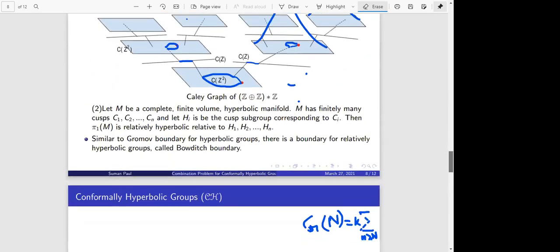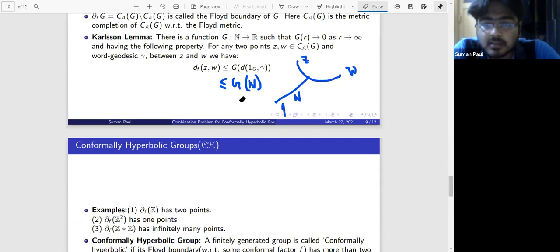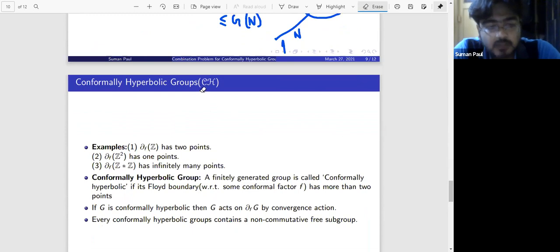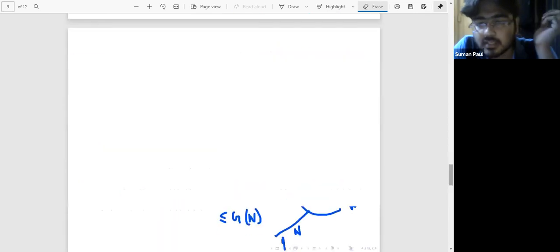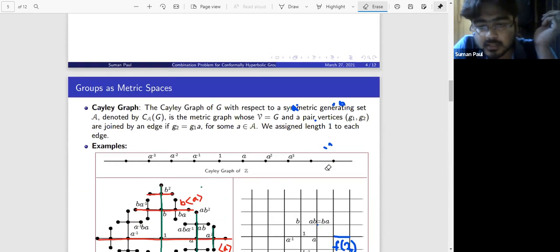So where was I? Yeah. So this is Karlsson lemma. And now some examples. If I take the infinite cyclic group Z, then the Floyd boundary has only 2 points. It is very easy to see. Take this example.